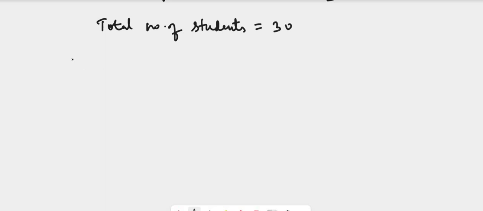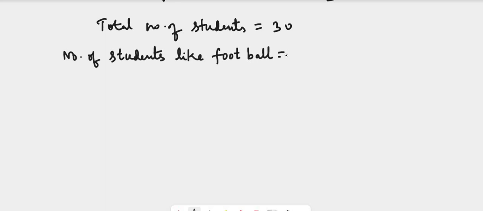You can write total number of students equal to 30. Number of students like football equal to how many? 6 members.